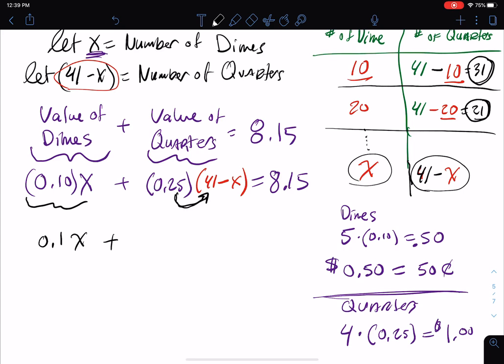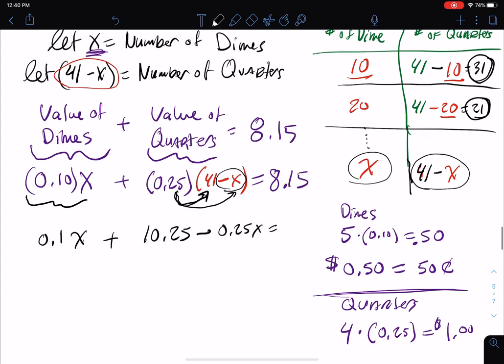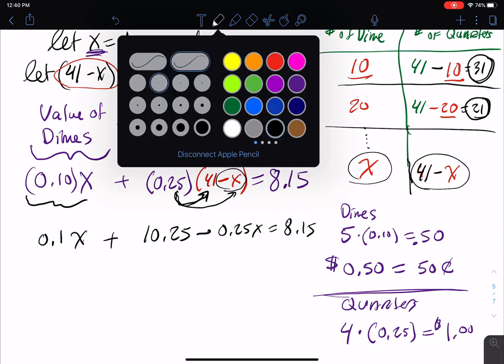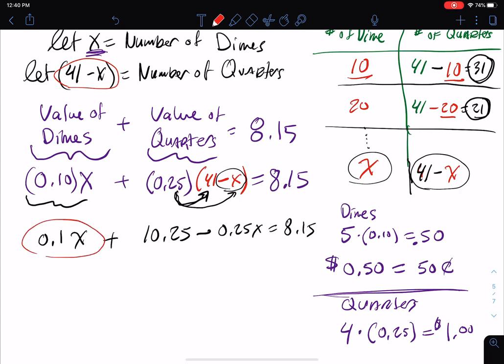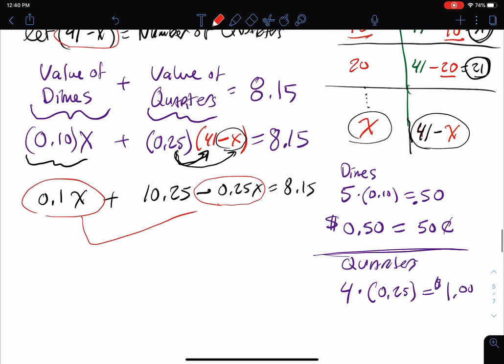So we distribute this and we get $10.25. Then we distribute the next piece and we get, don't forget the negative sign, negative 0.25 times x, and that equals 8.15. So now let's simplify the left-hand side of the equation by combining like terms. These x values are like terms, and when we combine those, we've got 0.1 minus 0.25.